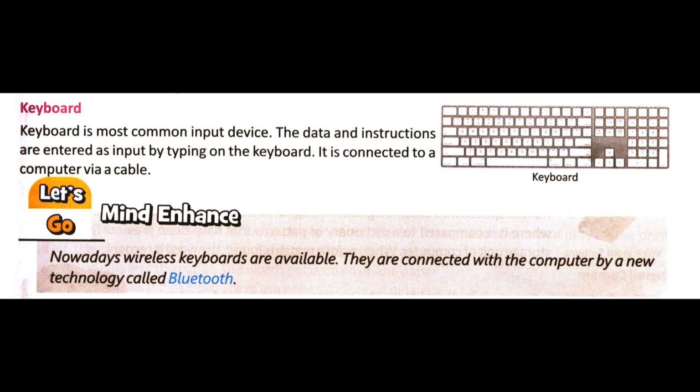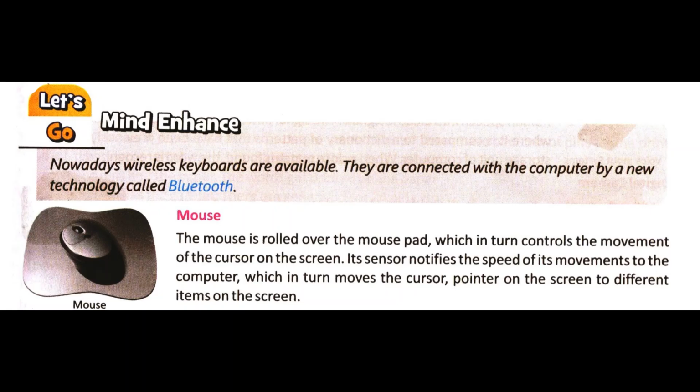The data and instruction are given to the computer using rolling and scrolling process through the mouse. The mouse is placed on a mouse pad by which we can control the movement of the cursor on the screen.